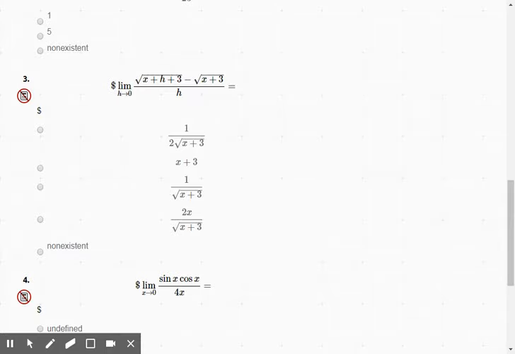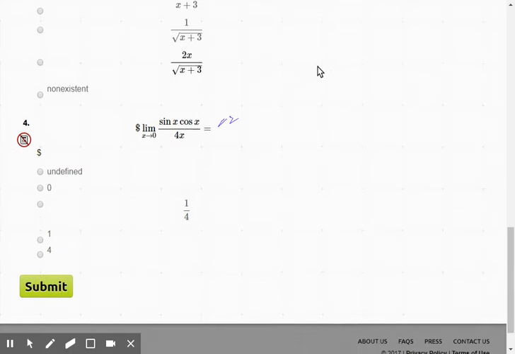So we've got 1 over the square root of x plus h plus 3 plus the square root of x plus 3. Then we can plug in 0 for h. So that's x plus 0 plus 3, which is the same as just x plus 3. So we have 2 of the same square roots down there in the bottom. So it is this answer choice right here. Don't forget, you don't have to rationalize in calculus. So we are done at that point.